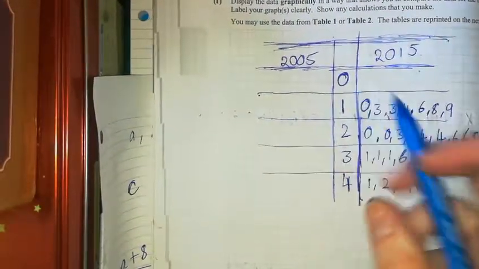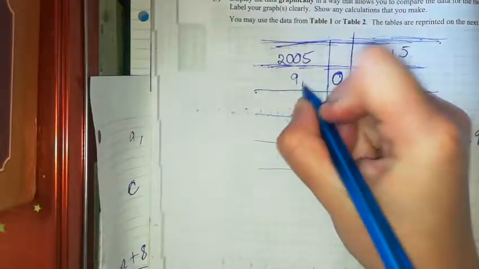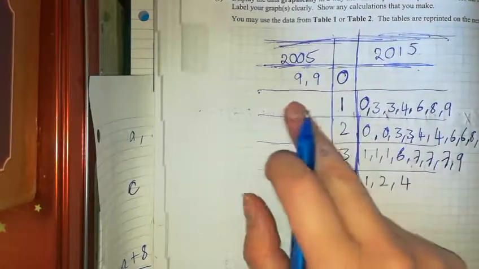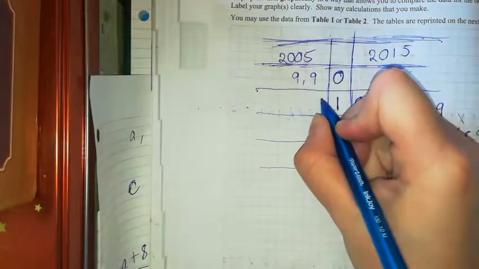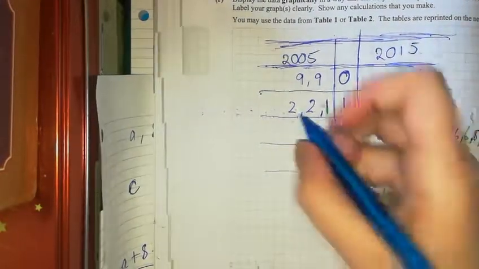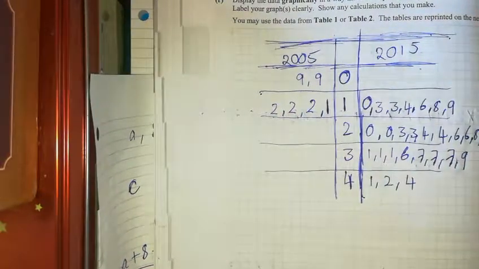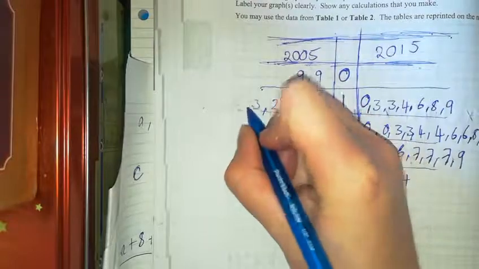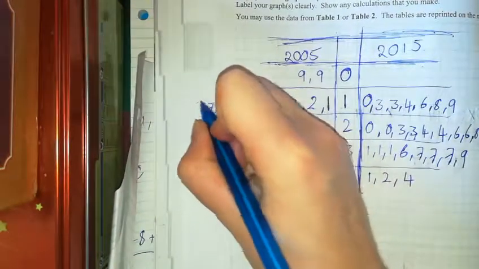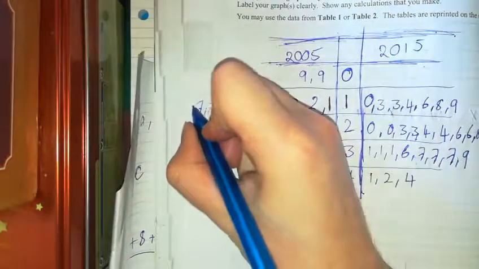So for 2005, for the start we have 2 9s, and then we have an 11. I'll start with the lowest numbers and then go out. So we have 11, and 3 12s, and then we have 2 13s, and then a 16, and 2 17s, and then a 19 as well.